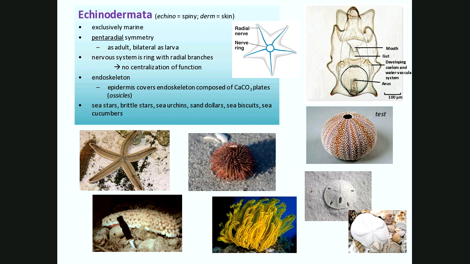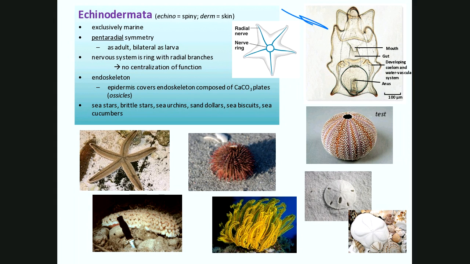They have a radial symmetry. We call it pentaradial, which means it's generally in 5s. However, and this is interesting, the larvae of an echinoderm, that's this right here, is bilateral. Isn't that neat? Bilaterally symmetric larvae end up developing into pentaradial symmetrical adults.